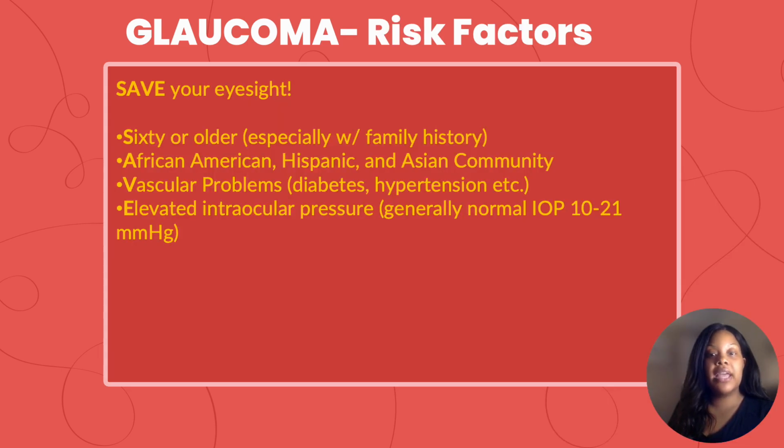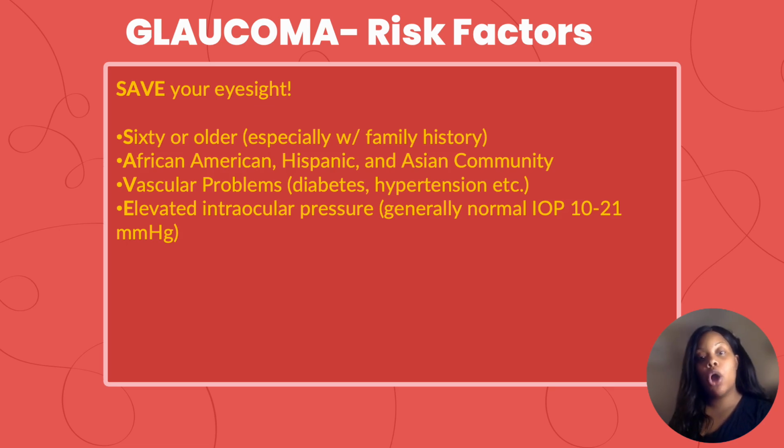So what are some things that put people at risk for glaucoma? We're going to remember, save your eyesight. Older adults, 60 or older, especially who have a family history of it, African American, Hispanic, and Asian patients, and patients who have vascular problems such as diabetes and hypertension, right?